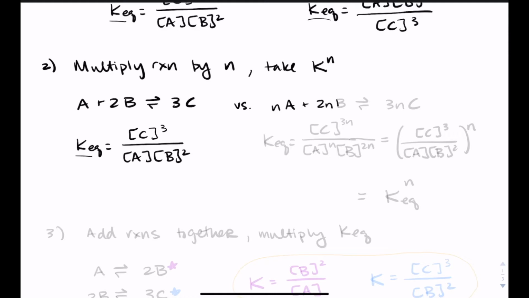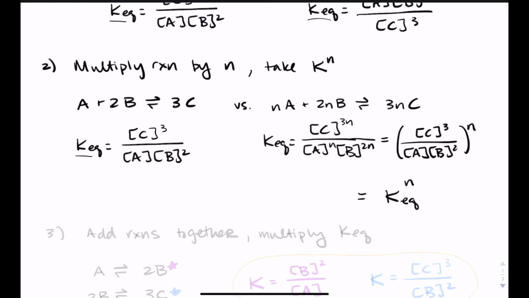On the right, it's concentration of C to the 3n over concentration of A to the n, concentration of B to the 2n. If you factor out the to the power of n, the result is the equilibrium constant, C cubed over A times B squared, all to the n power, which is why you can just take the value of the equilibrium constant and take it to the n power.